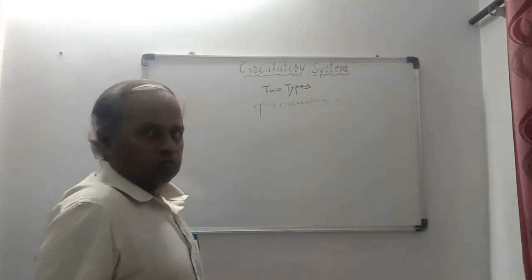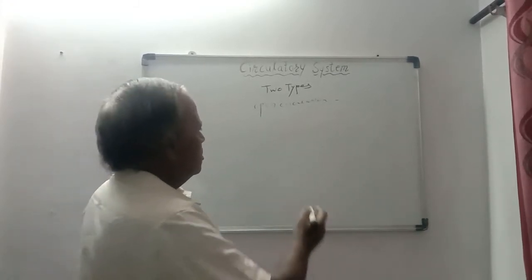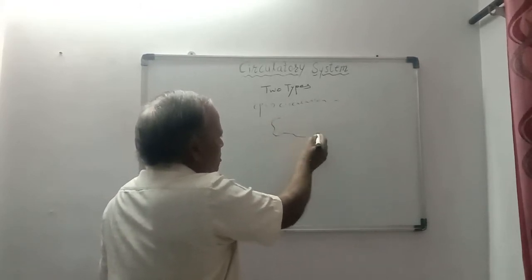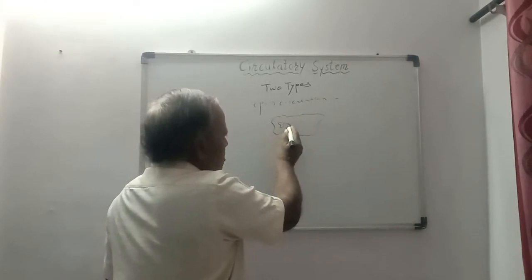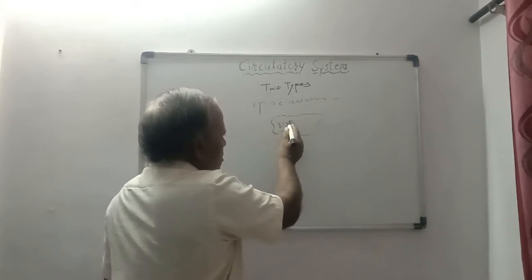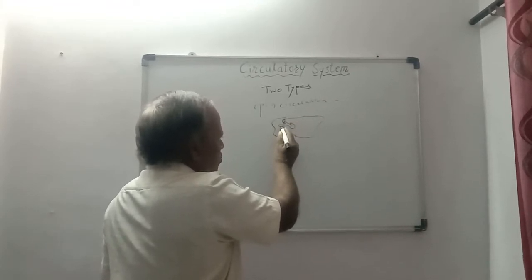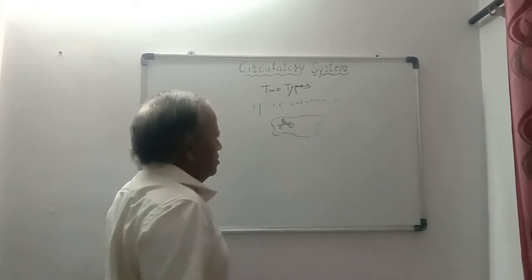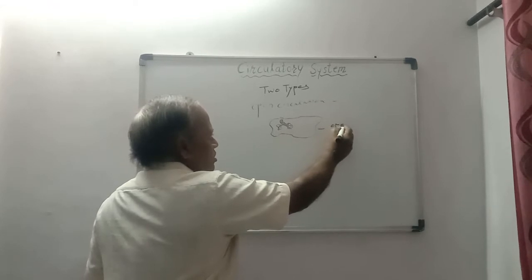In case of open circulation, the blood or the lymphatic fluid flows from cavities to cavities. Suppose this is the cavity. So the blood flows from cavity to cavity. This is called as open circulation.